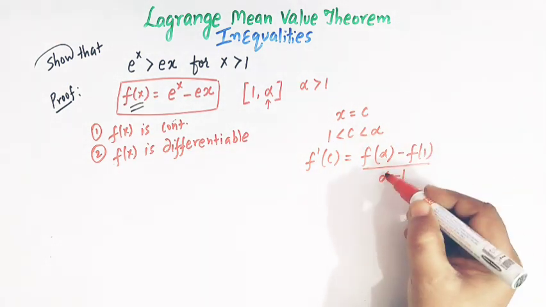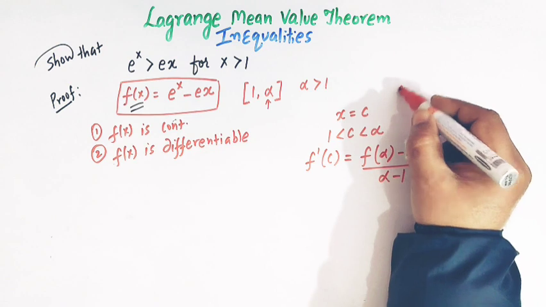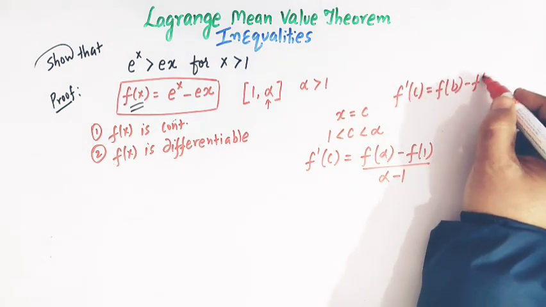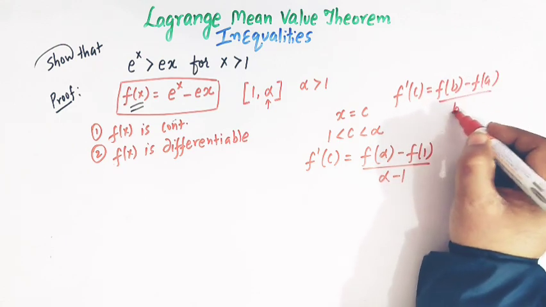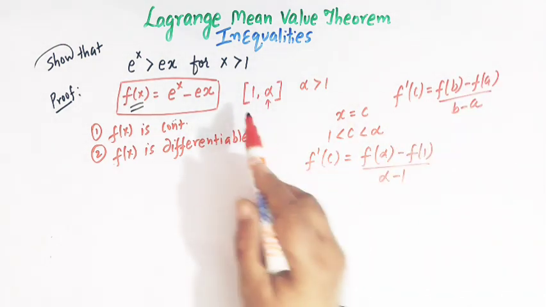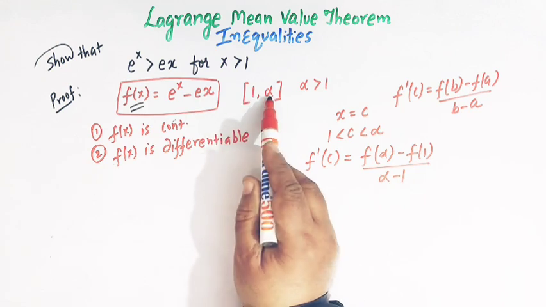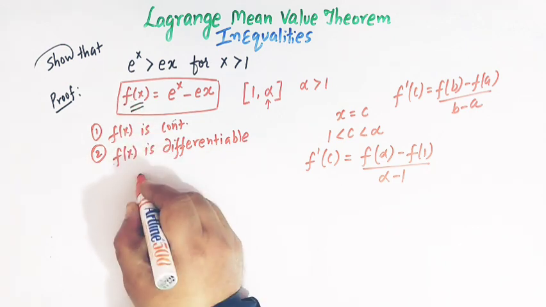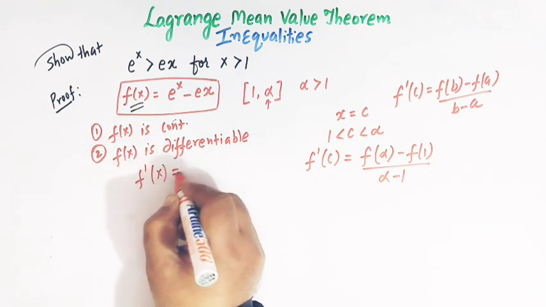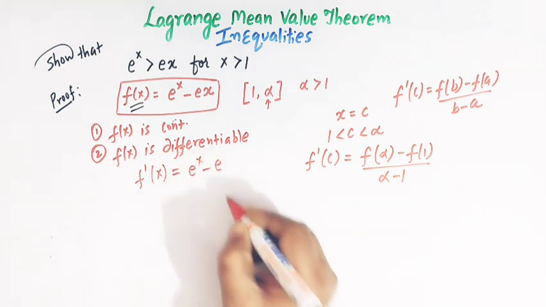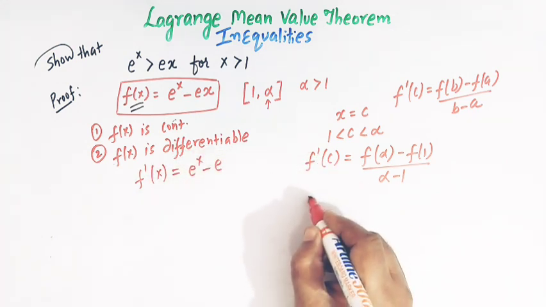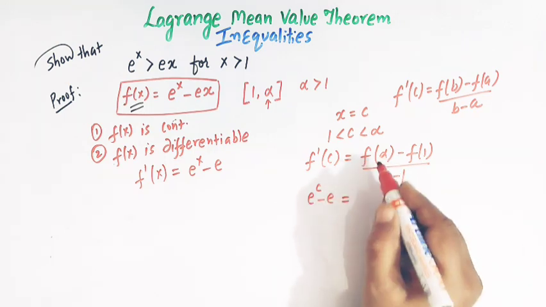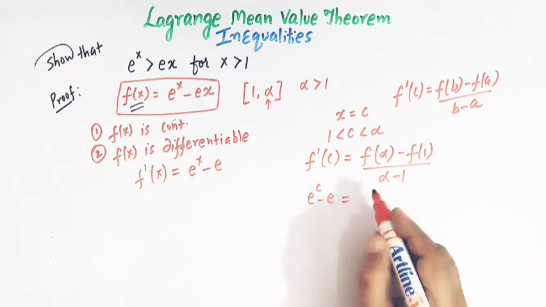So here we have used the usual formula, that is f prime of c is equal to f of b minus f of a divided by b minus a, where a is 1 and b is alpha, right? Now f prime of c can be written as, since f prime of x is e raised to x minus e, f prime of c is e raised to c minus e. f of alpha is equal to e raised to alpha.